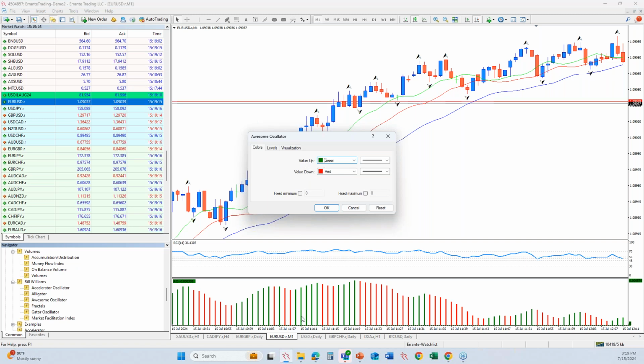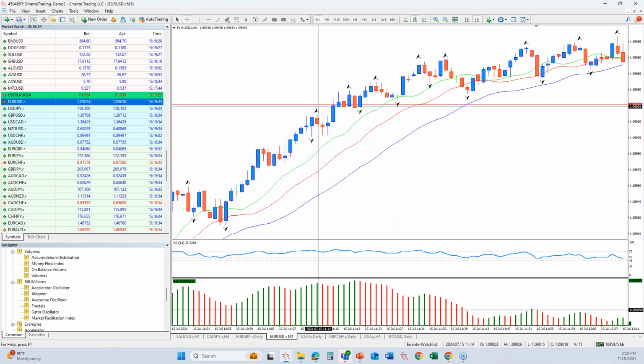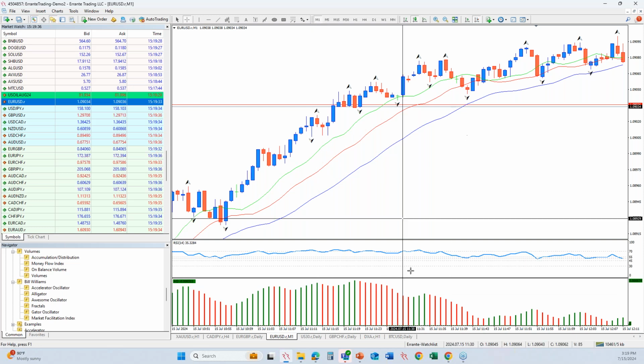It means if each histogram is higher than the previous one, it comes in green, and if it's lower than the previous one, it comes in red color. Okay, and then if you just press OK, you will see something like this will appear below your chart.